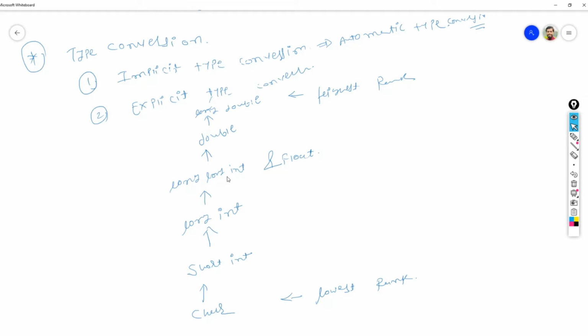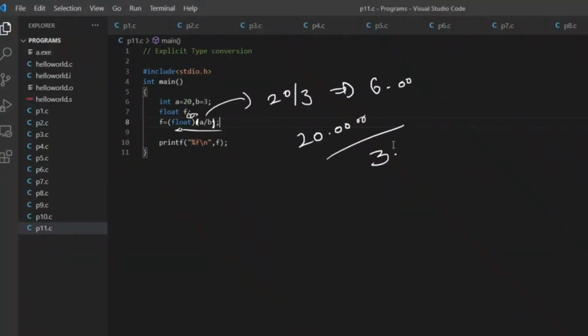Float has higher priority than long integer too, because float stores real numbers, and after that come double and long double. Because of that, my a converts into float format, 20.000 divided by 3, and my output 6.66 is stored in float format.